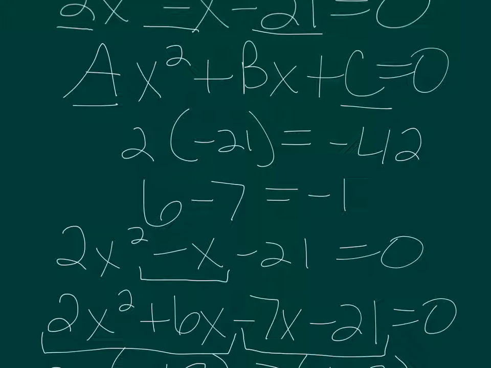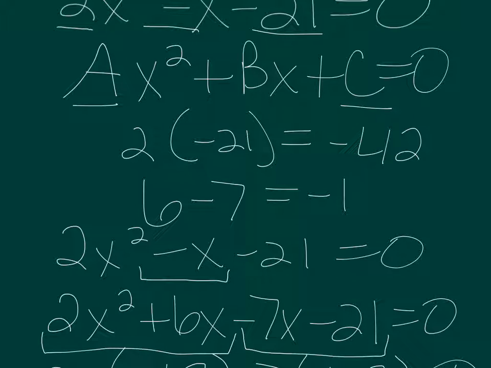That's what we want. Now we can look at this as one term and this as another term. So if I factor out an x plus 3 from these two terms, what am I left with from the first term? I'm left with a 2x. From the second term, I'm left with negative 7, or minus 7.